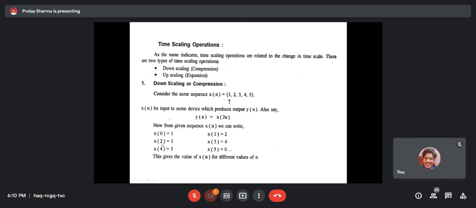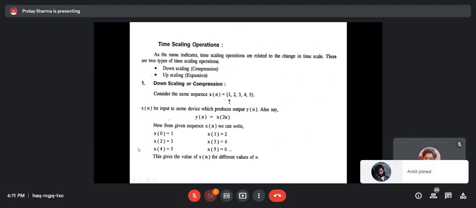At time instant n equal to 2, the sample value is 3. This way we can write for every sample value with suitable indications, that is x[0], x[1], x[2], x[3], x[4].